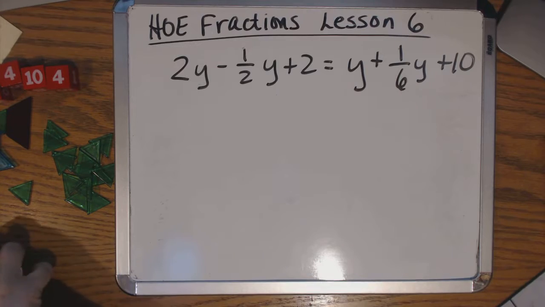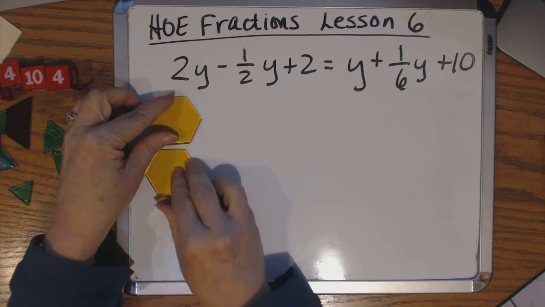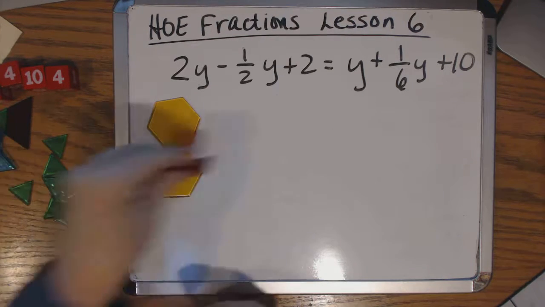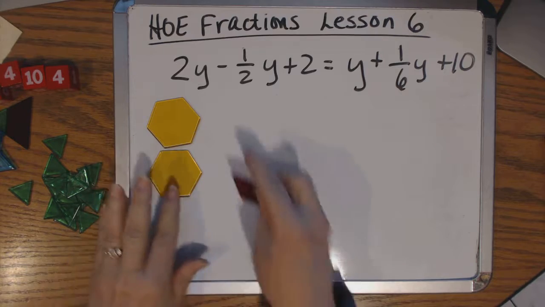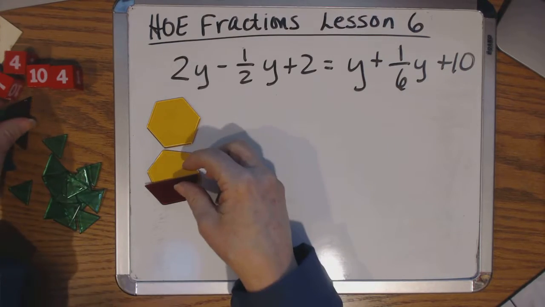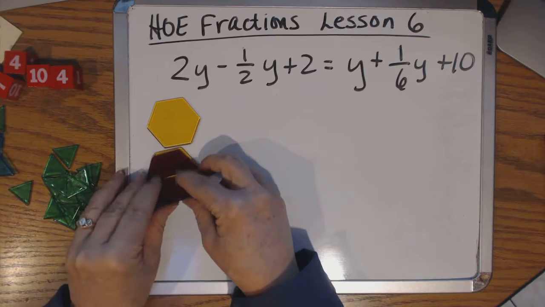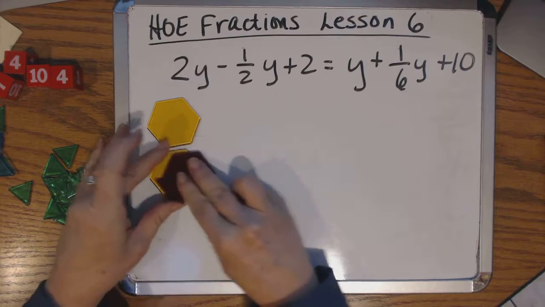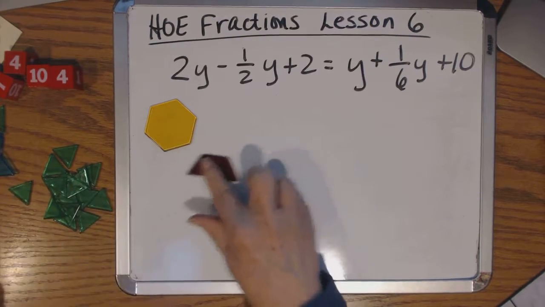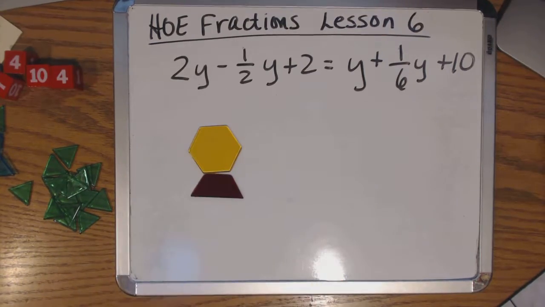So I do notice I have y's on both sides, so I'm not going to do the swapping out this time until I know what I'm down to. So I'm just going to go ahead and build this. This is minus half of a y. So in order to take away half, I have to think of y in terms of 2 halves. So there's my 2y minus a half. That's the value 2y minus a half.